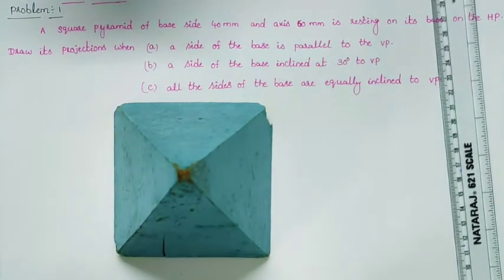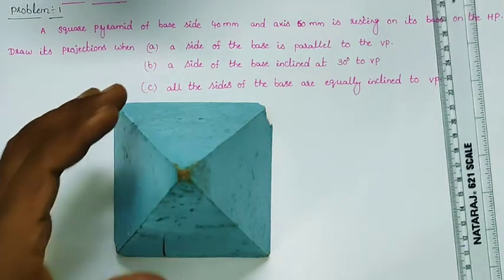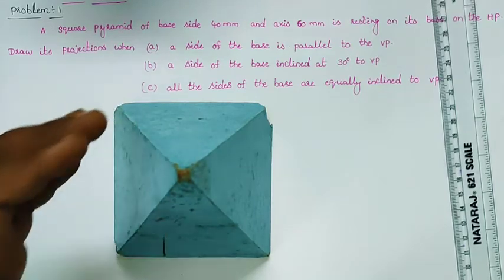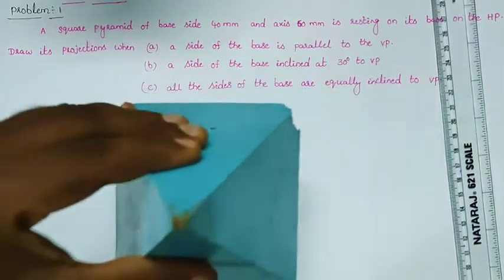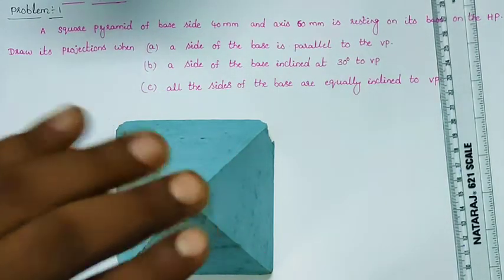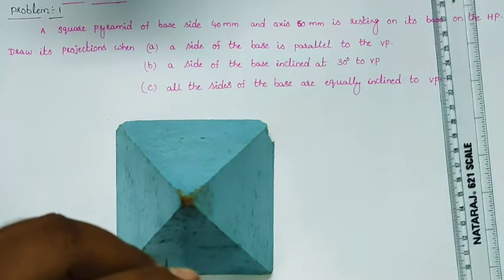In the problem they clearly give that the square pyramid's base is on the HP. So whenever the base is on the HP, the assumption is very, very important: the axis is always perpendicular to the HP.